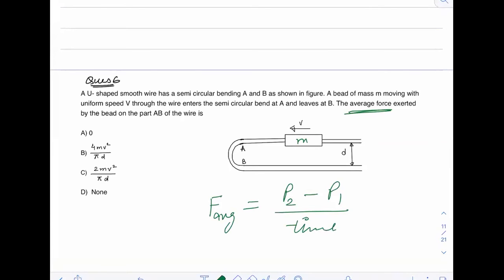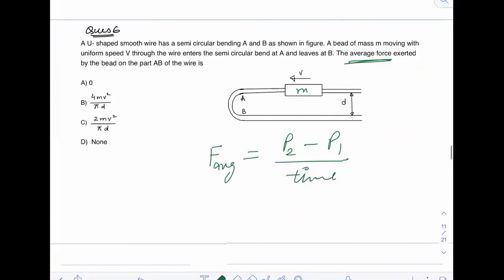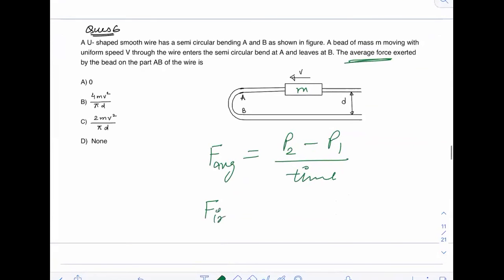But if they are asking me instantaneous force, what we will do, we will write the equation for change in momentum, and then we will differentiate with respect to time. That will give me the instantaneous force. But because here we are asked average force, so try to find out the average force now. Tell me the answer. This is a very simple question.